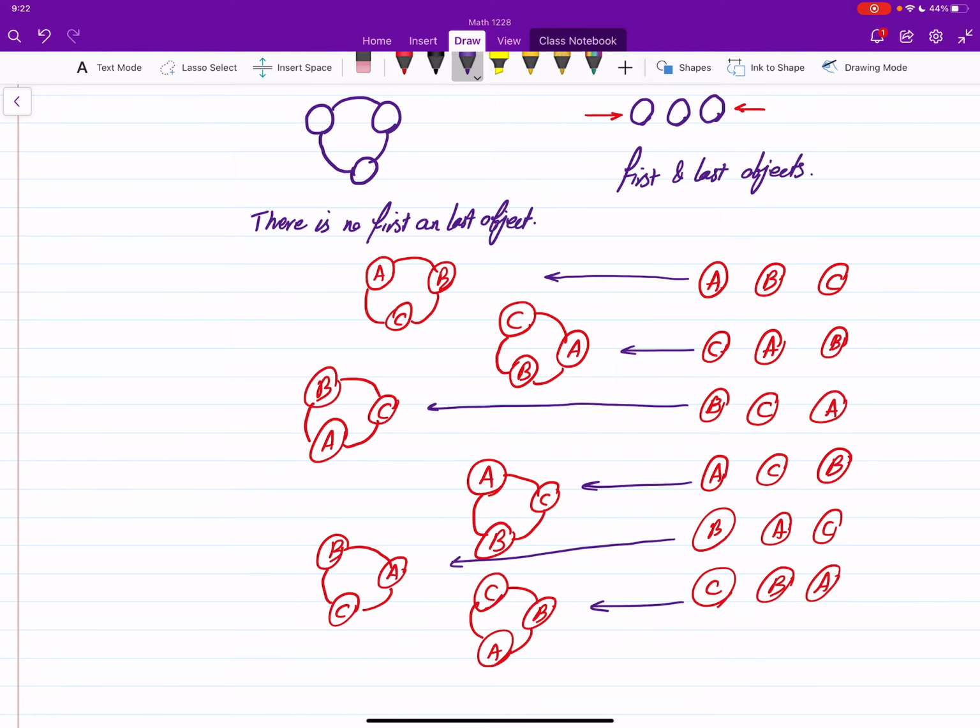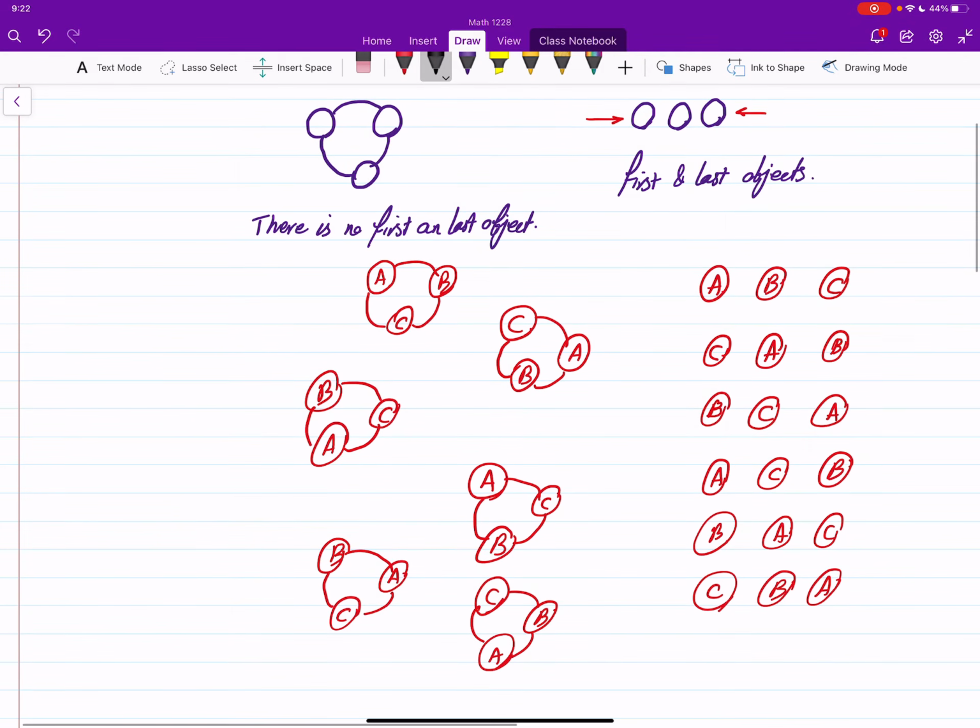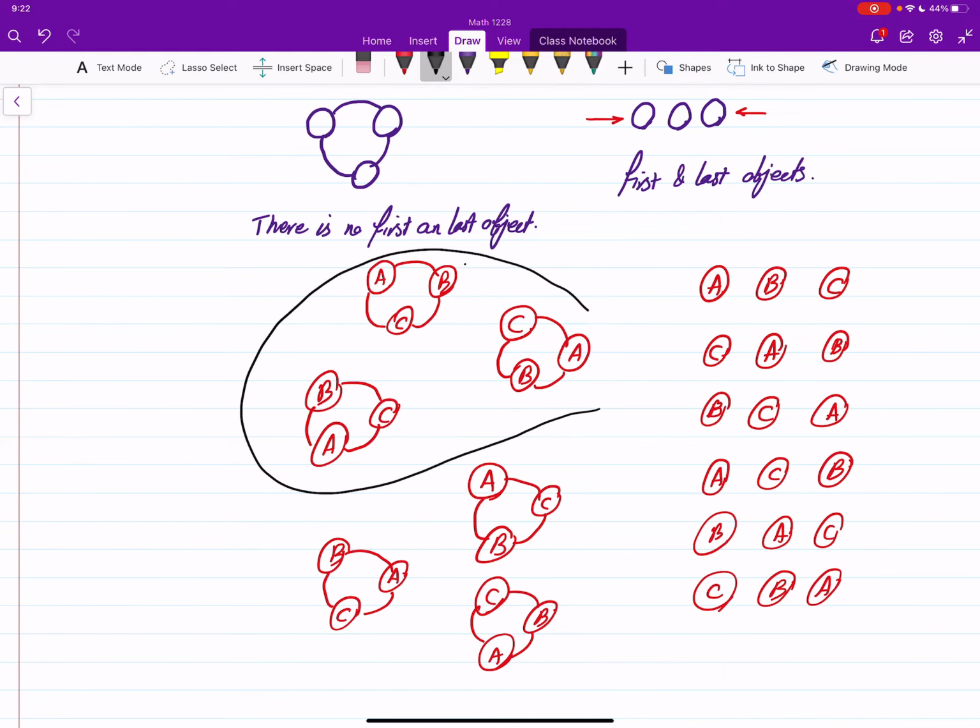But for a second, look at these guys that we have here. The first three, and then the second three. You see, A, B, C, if we rotate, it's the same permutation, I'm just rotating it.